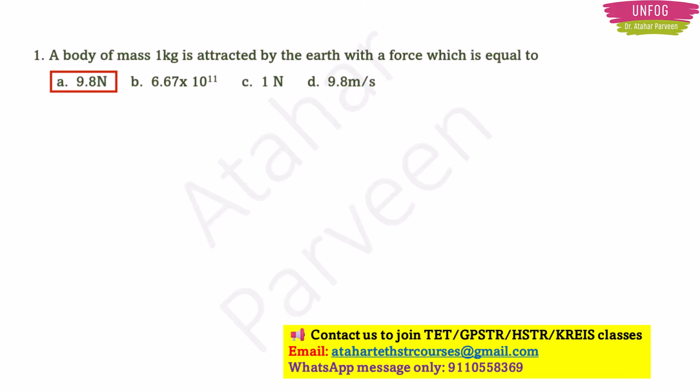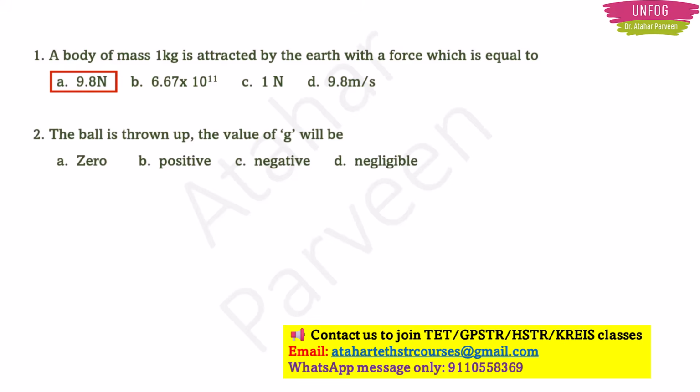Okay. Next question. The ball is thrown up. The value of g will be, small g means acceleration due to gravity, right? See, the concept of acceleration due to gravity, or gravitation, whatever it is, is that the earth is pulling objects towards it, right?